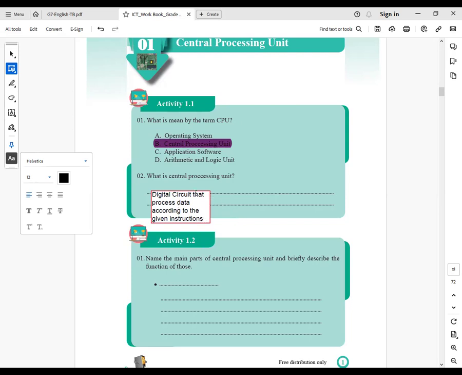Right? Digital circuit that processes data. Okay, you can write this down.